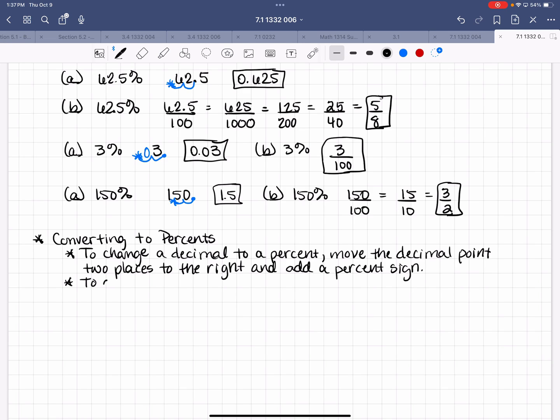Then, to change a fraction to a percent, first, change the fraction to a decimal.